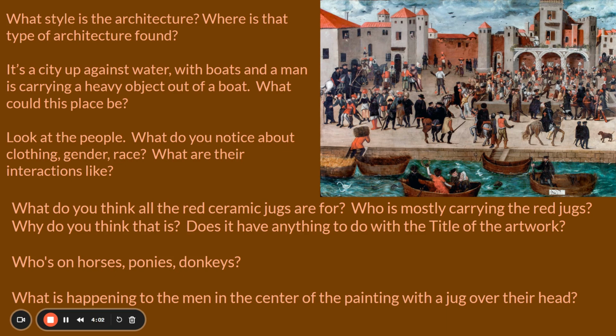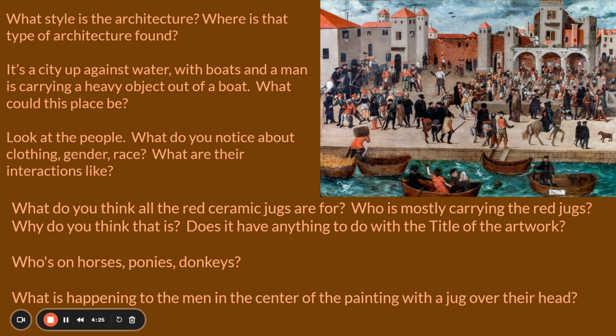What are the interactions between the races or within the races? What does that look like? Or the genders. So start to look at all these little areas of this painting and see what these people are doing, how they're interacting, and how they're mixed together.